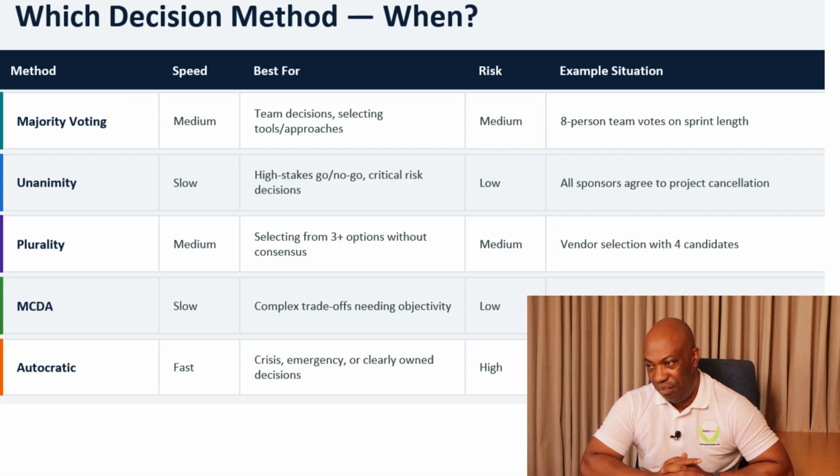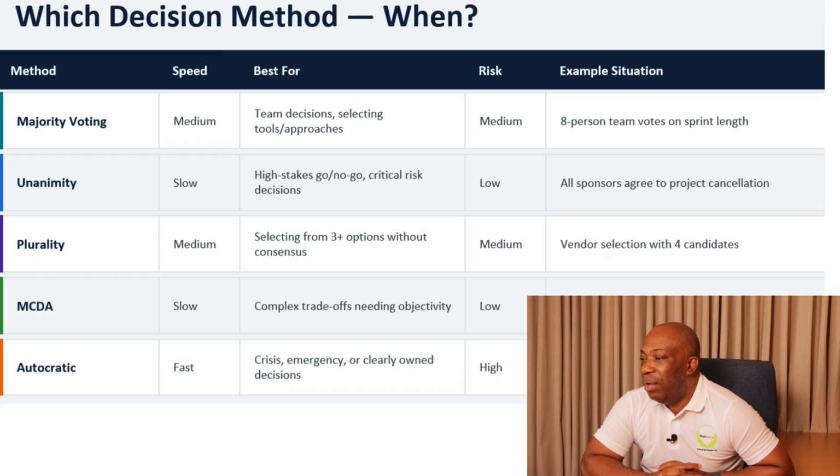Then the decision on unanimity: speed is very slow, and it's best for high-stakes go or no-go critical decisions. The risk is very low, and an example is all sponsors agreeing to project cancellation.